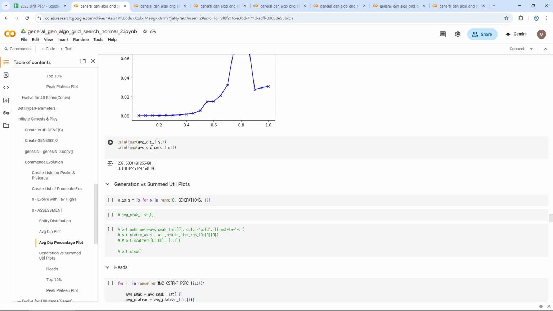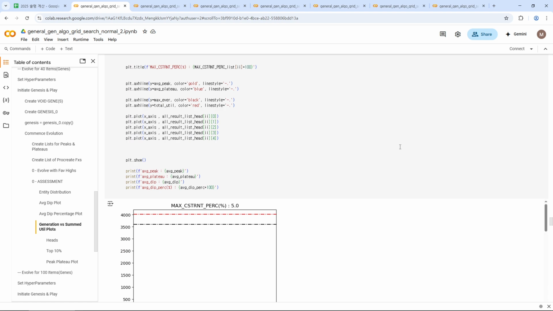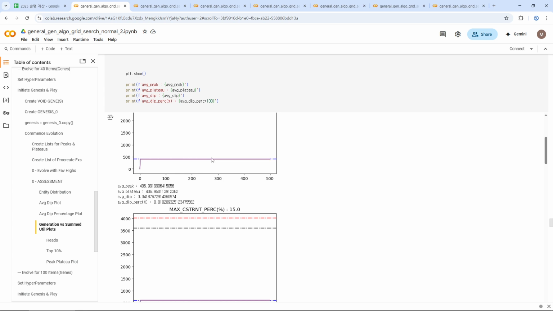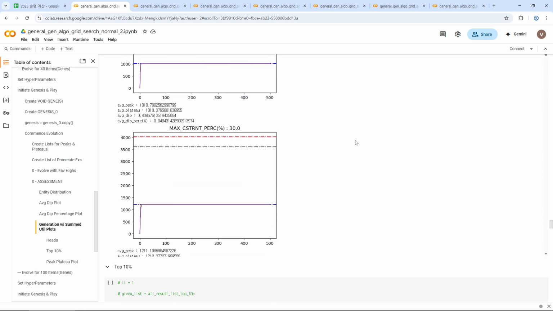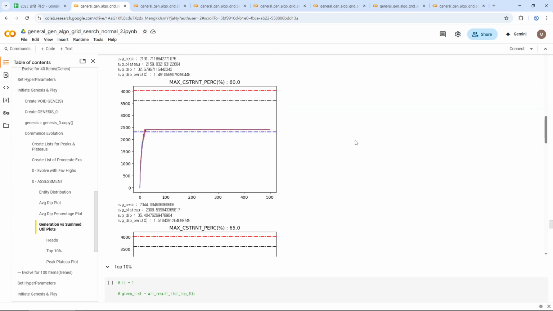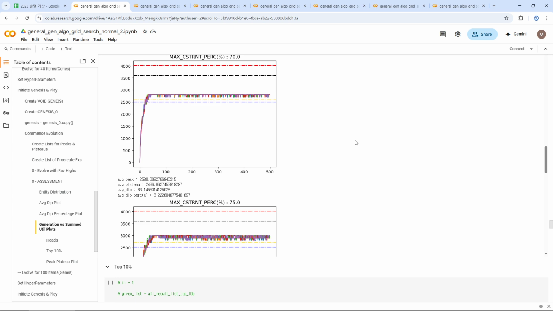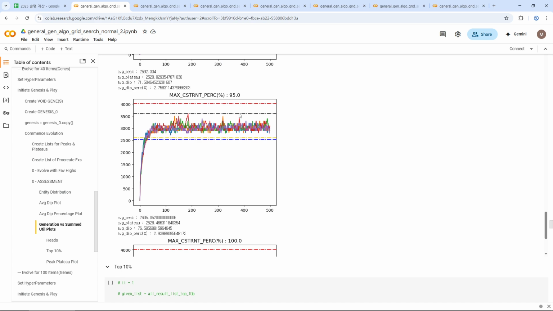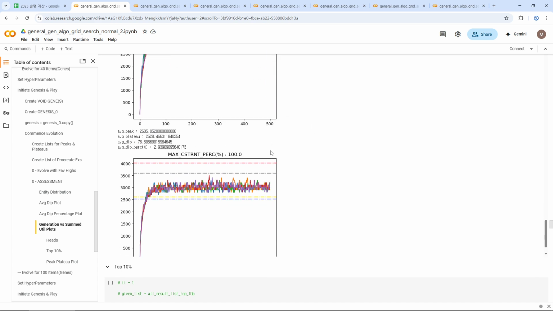So the maximum average dip percentage was 10%. We'll have a look at the series of plots. Maximum constraint, we'll look out for when the plots hit the black line. 75 no, 80 no, 85 no, 90 no, 95 we have, and 100 we have.